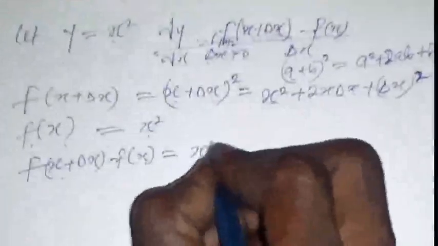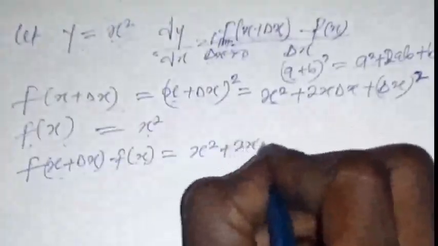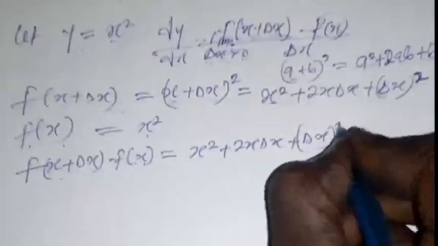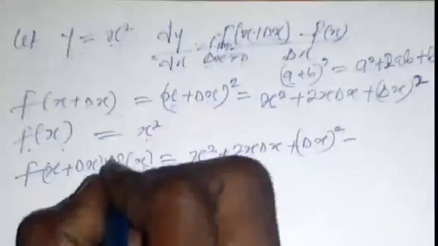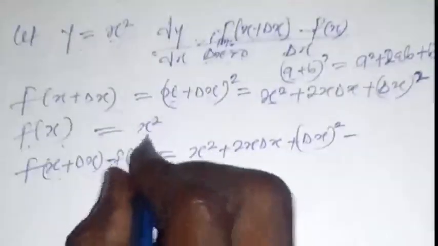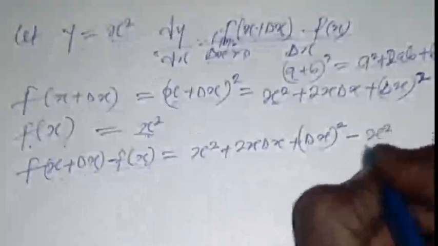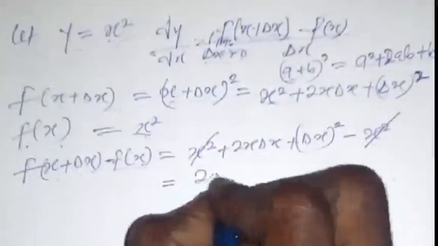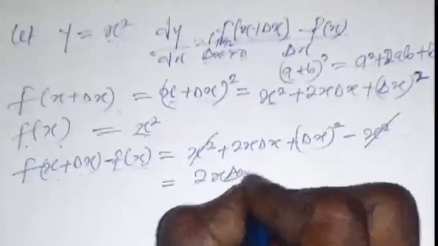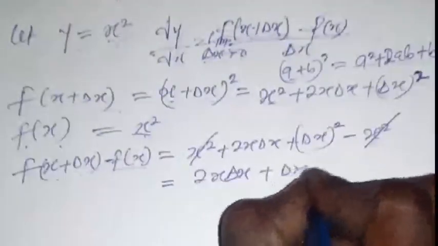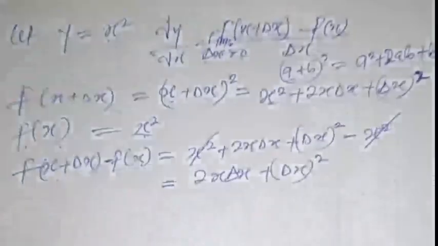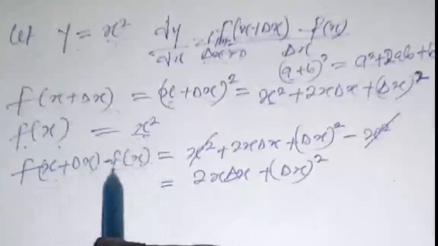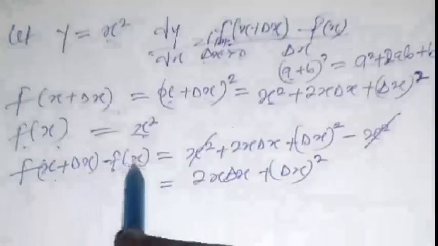Then we write it x squared plus 2x delta x plus delta x squared minus function of x, and our function of x is x squared. This x squared cancels this x squared, therefore this is equal to 2x delta x plus delta x squared. That is function of x plus delta x minus function of x.